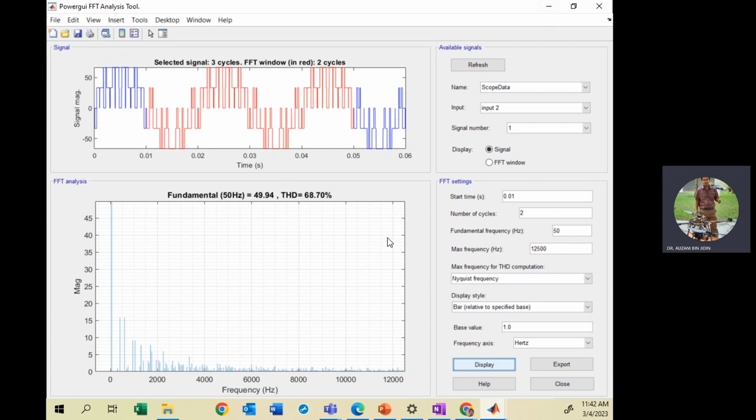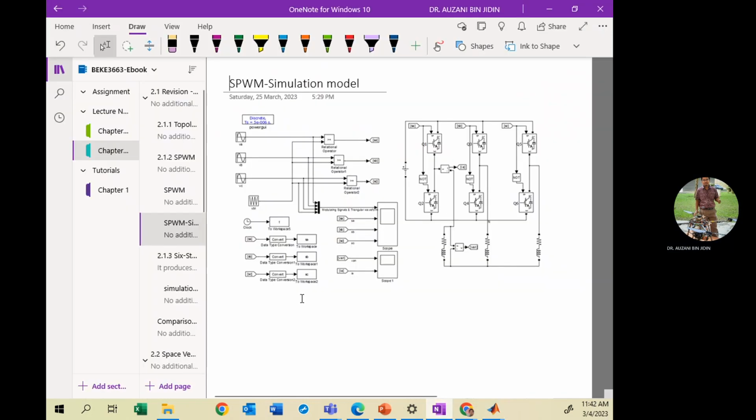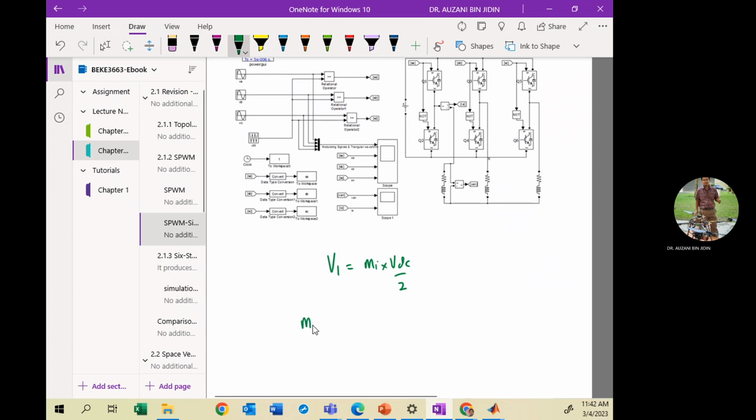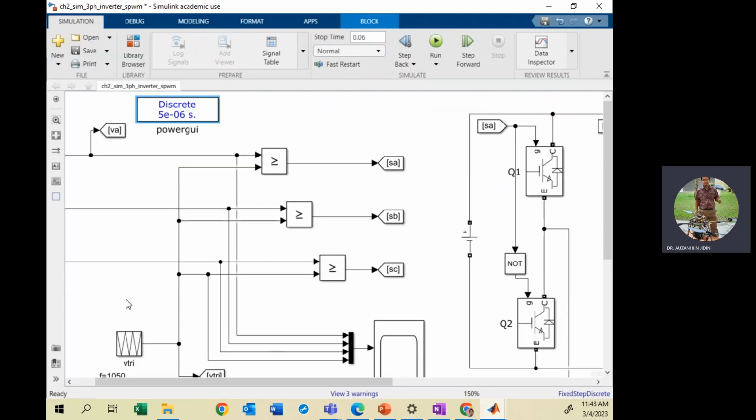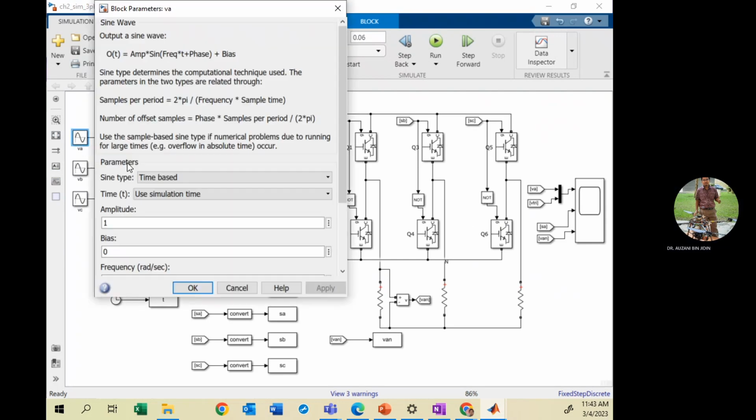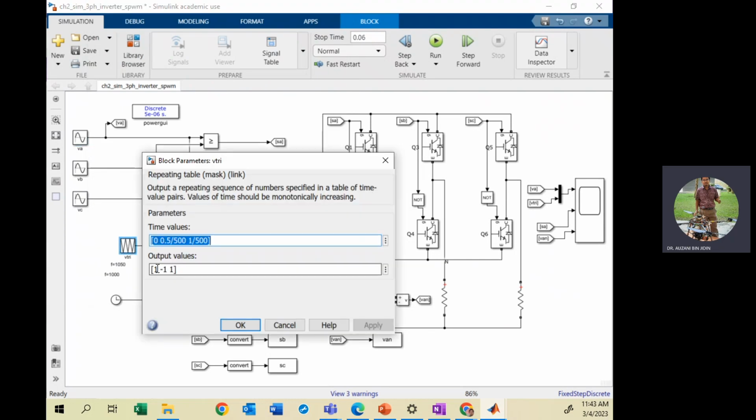So remember the equation. You have this equation, right? V1 equals MI times VDC divided by 2. Your MI is 1, because MI is the ratio between the peak of the modulating signal divided by the peak of the triangular. Your VM is 1. Where is this mentioned? Here. You said your amplitude is 1, and the triangular waveform also has amplitude 1 here.